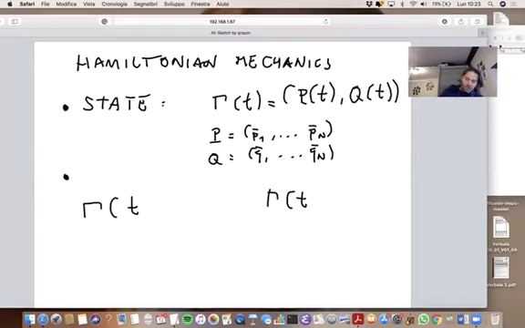And the goal of any theory is, given the complete knowledge of a state at some initial time T0, find out what the state is at some time t, typically later than T0. And in order to do that, we need an equation of motion.